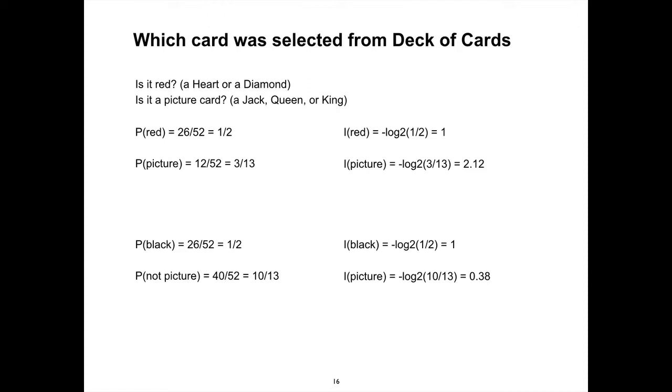Information content is 2.12, so it's higher, right? Then we can ask what happens if it's black. We get the same situation, the probability is 1/2, so it's 1. But for not picture, there are a lot more which are not picture, and so the logarithm becomes smaller.